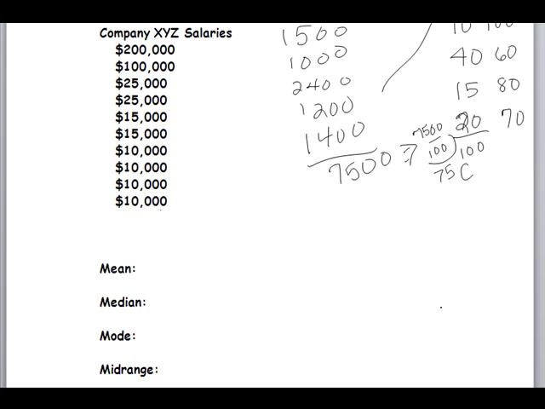Our median, with 10 values, we add the middle two and divide by 2, so we get $15,000. Mode is the most frequent. We see 4 of those, so that's 10,000. Mid-range, we take 200,000 plus 10,000 and divide that by 2, so we get 105,000.